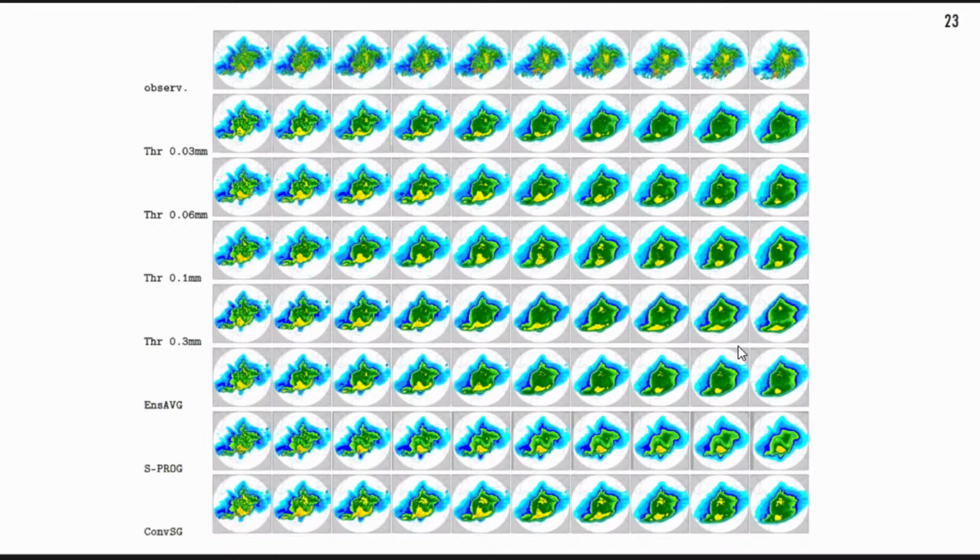What we were really trying to do was improve the frequency bias of the prediction. So force the model to predict more pixels with higher precipitation.